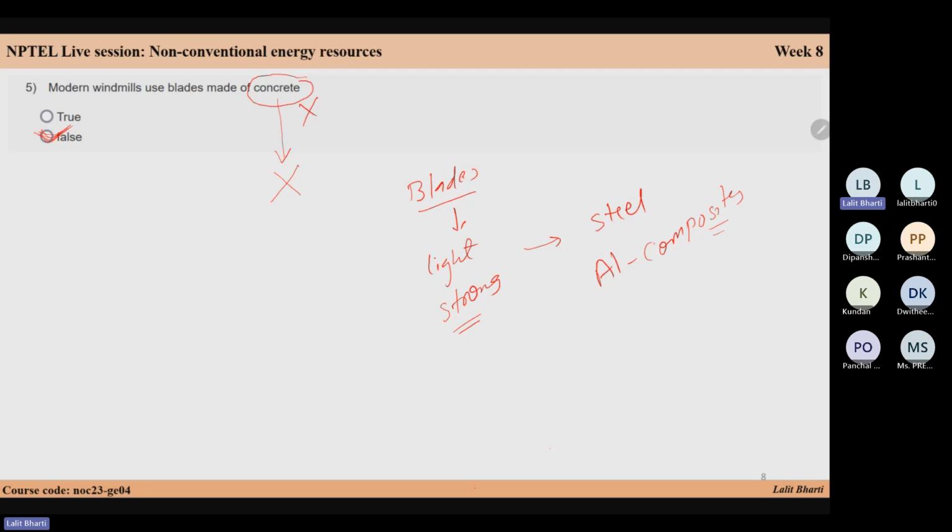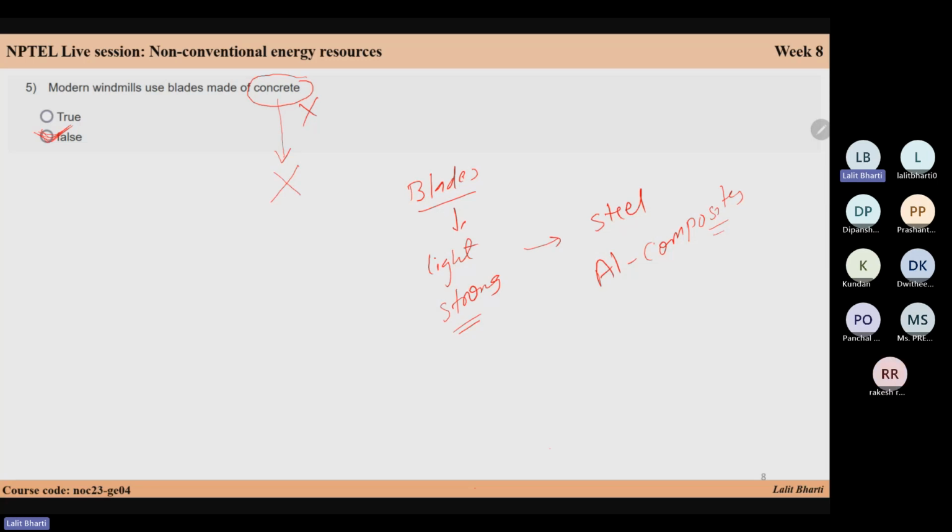It should be stiff, strong enough, lightweight, and fatigue resistant. None of these can be satisfied by concrete. So it's clear that concrete cannot be used in that. Most of the designs use steel or aluminum composites for their blades.